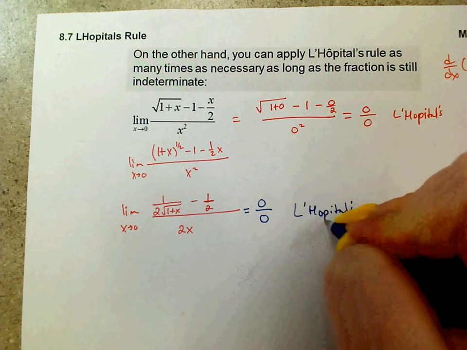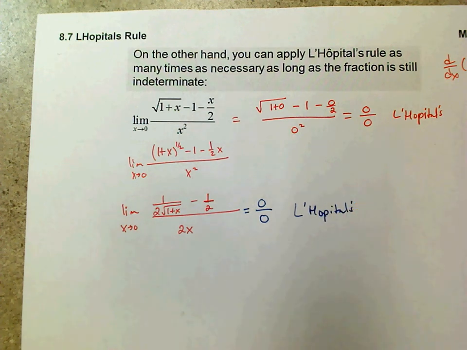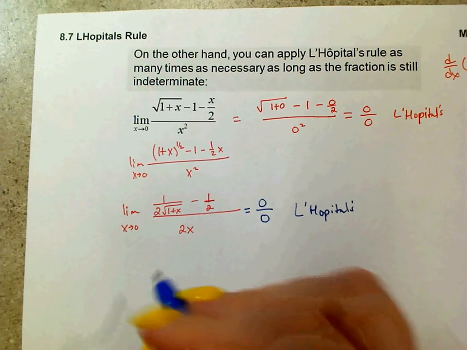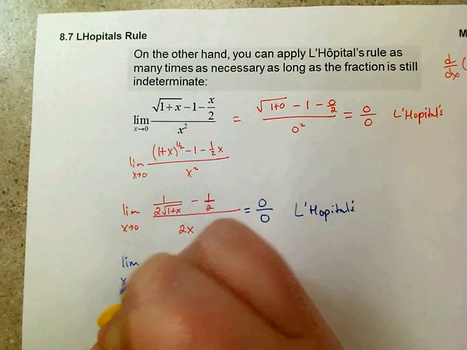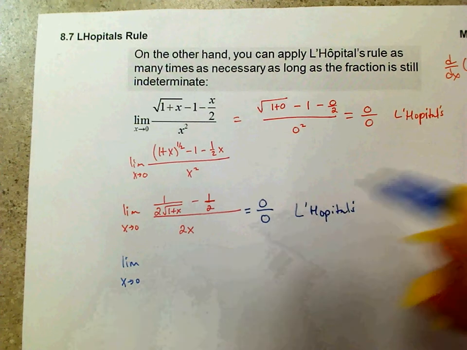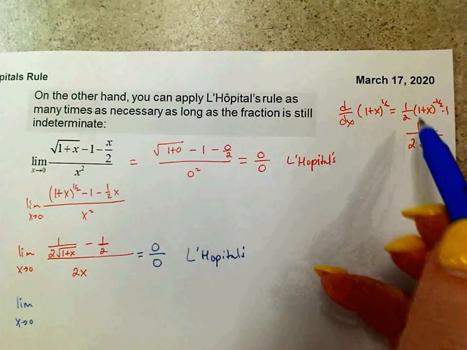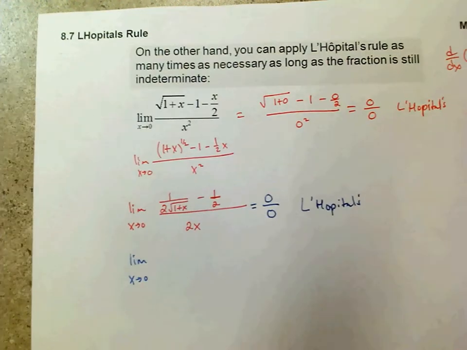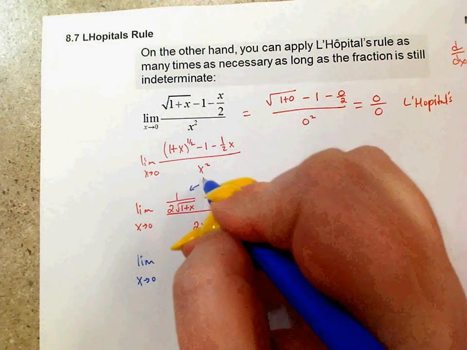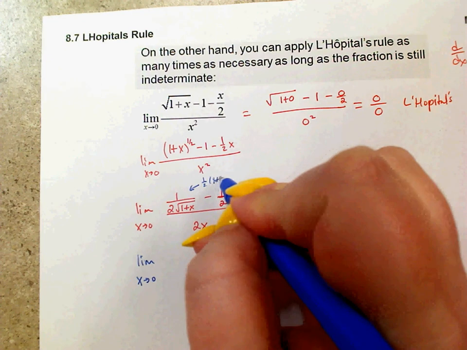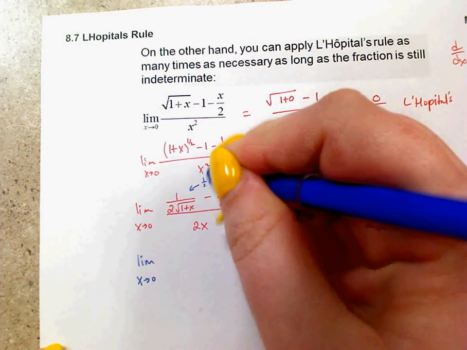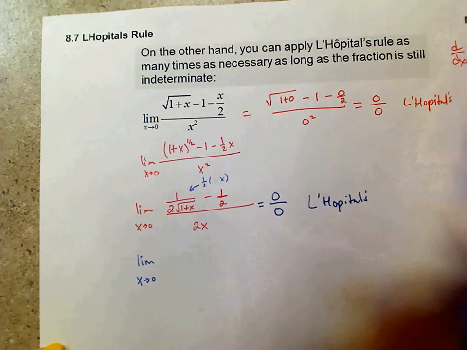If you're going to use it, you got to make sure you tell them what you're doing. We're using L'Hopital's. So limit as x approaches 0. I'm going to take the derivative again, only, like I said, this is the derivative, this is the form, but that's what I'm going to use to take the derivative, so I'm going to remember that this is 1/2 (1 plus x) to the negative 1/2.